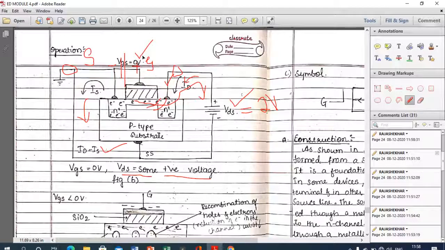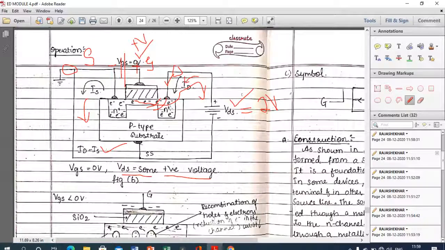But if I go on increasing VGS to a particular positive voltage, then because of excess flow of electrons in the channel, it may damage the channel. Because of this, we have to choose VGS to a particular voltage so that the maximum current flowing through the channel is limited.